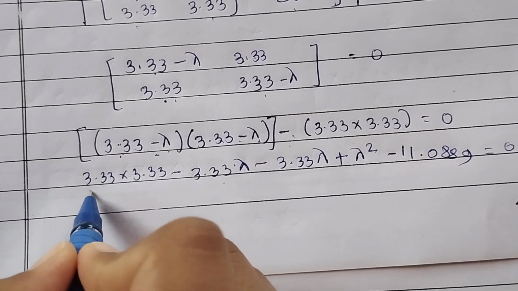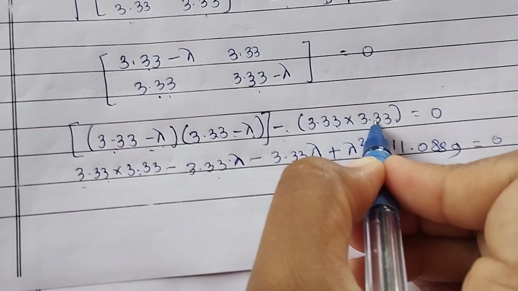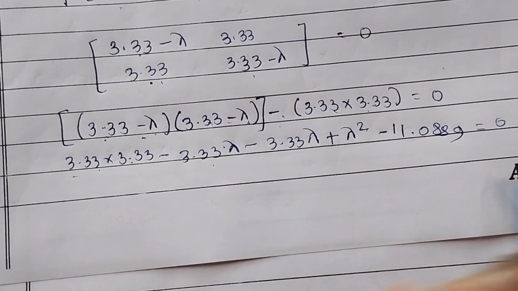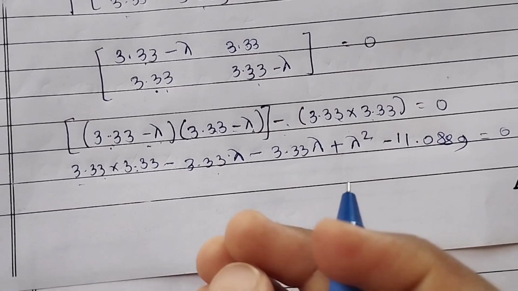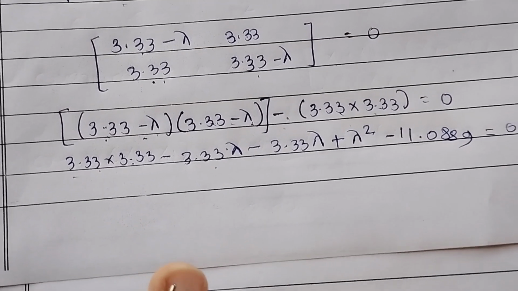Now this is also 3.33 into 3.33. So simply we subtract, then it is also okay.